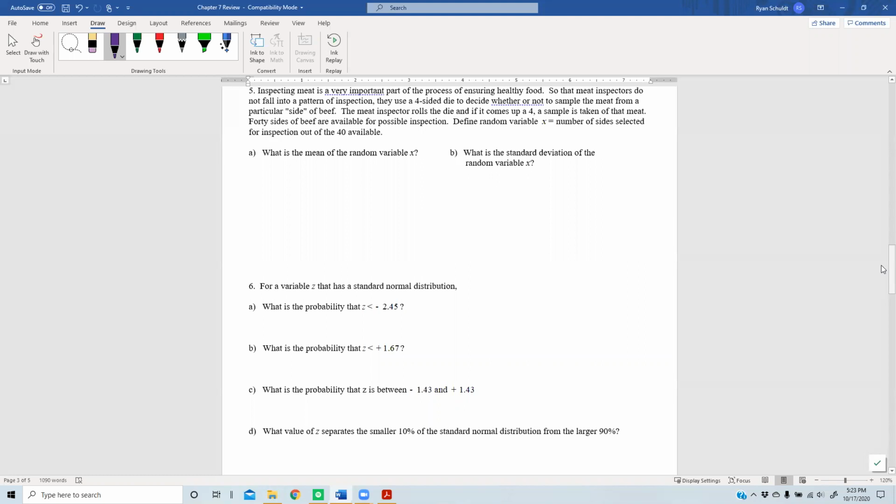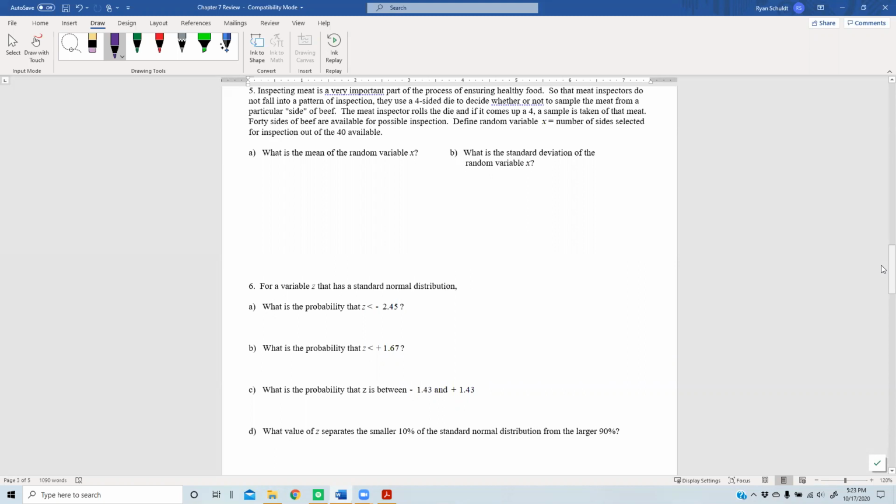So that meat inspectors do not fall into a pattern of inspection, they use a four-sided die to decide whether or not to sample the meat from a particular side of beef. The meat inspector rolls the die, and if it comes up a 4, a sample's taken. 40 sides of beef are possible for inspection. So let X be the random variable of the number of sides selected out of 40.